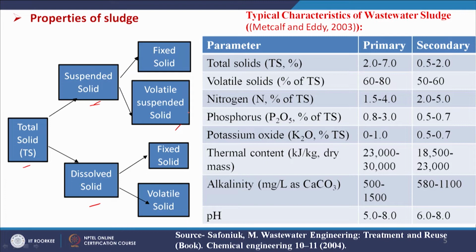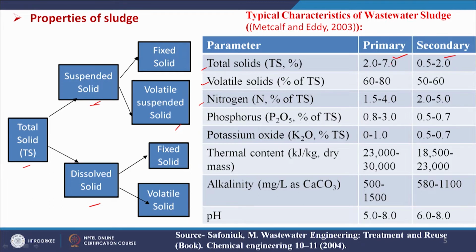If we consider the two major types of sludge, primary and secondary sludge, and look at the composition, that is total solids and volatile solids, and other components like nitrogen, phosphorus, potassium oxides, thermal content, alkalinity as well as pH, then we can compare these two types of sludge. Here the total solids are 2 to 7% in primary sludge, and in secondary sludge it is 0.5 to 2%.